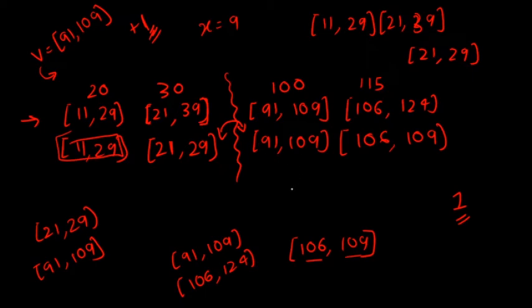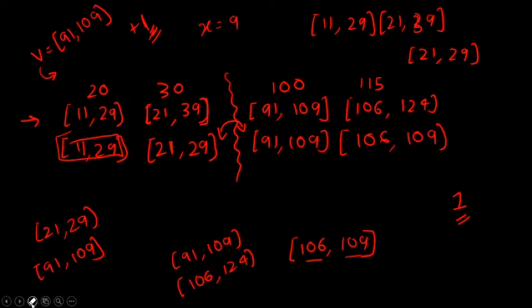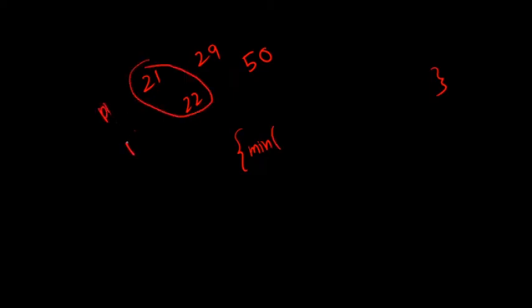Now, how to find this common range? This is a pretty famous concept also. I'll just explain it once. So let's say you have 21 to 29 and 22 to 50. Let's say this is pair 1, this is pair 2.